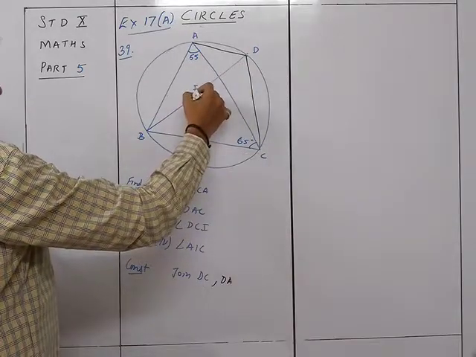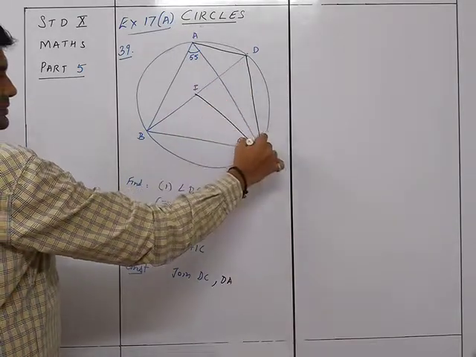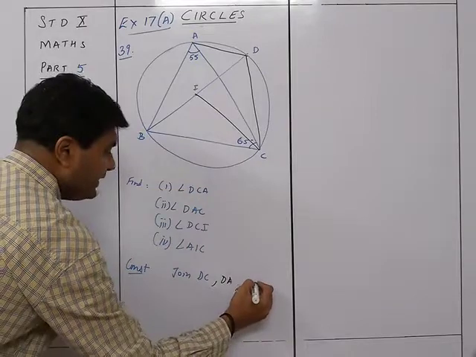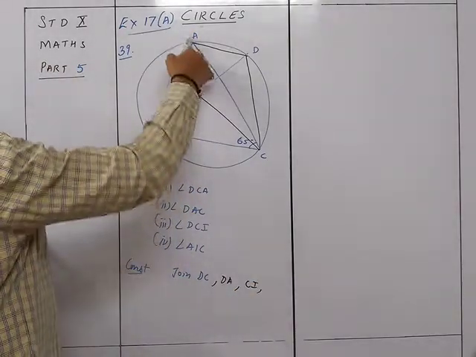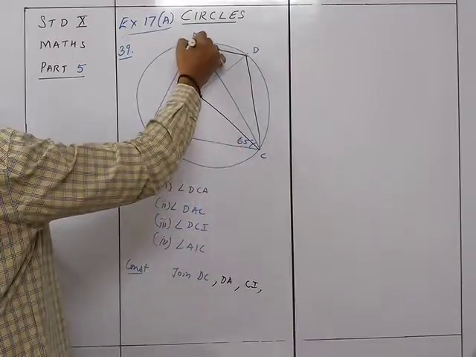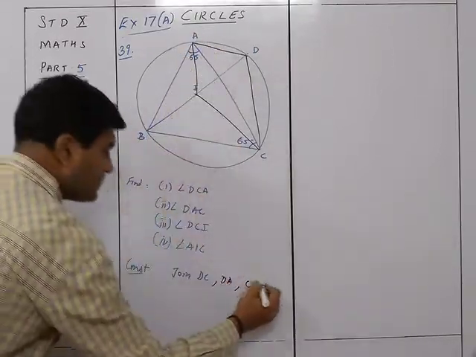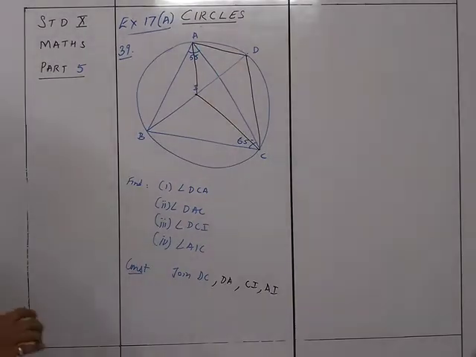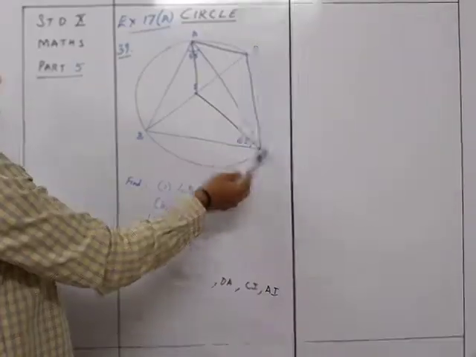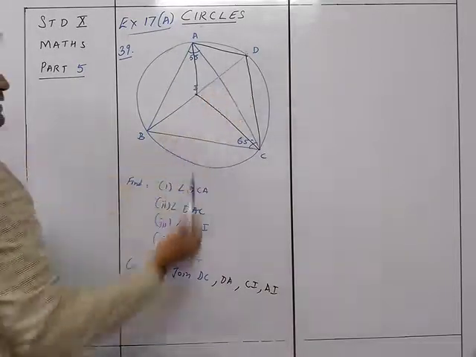DCI, so join CI, and AIC, so AI. So for the construction, you need to join DC, CI, AI and AD.